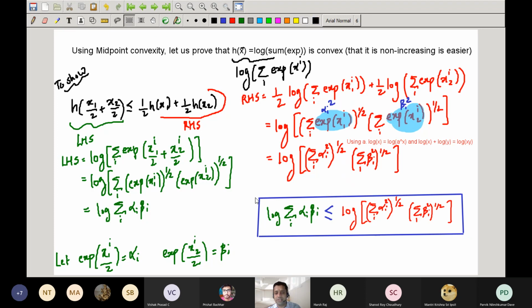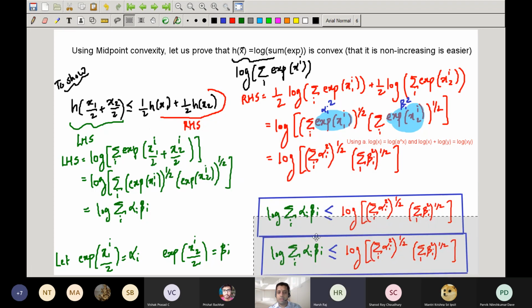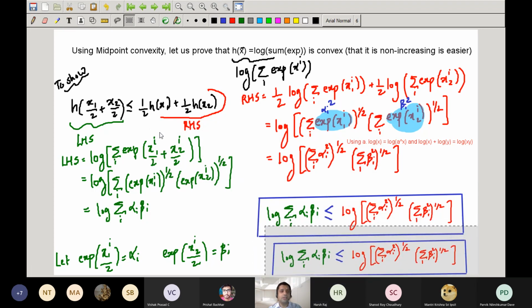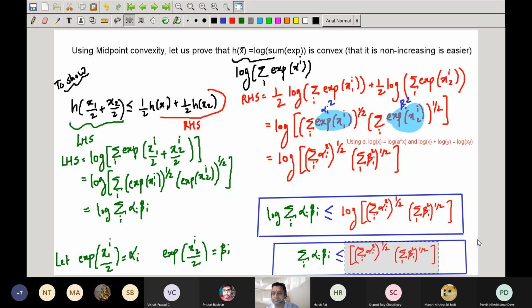It holds even without the log, right? Yes, sir. Okay, so let us remove the logs here. So this inequality holds because of the Cauchy-Schwarz inequality. That's what we use in vector norms: norm of A into B is less than or equal to norm of A into norm of B.